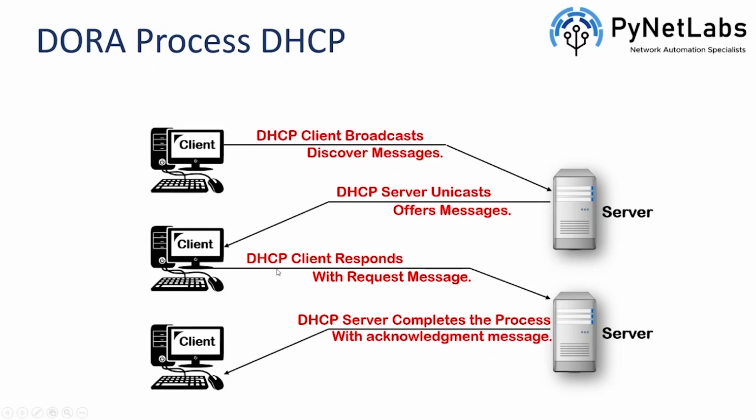Do you want this? To which the client responds with the request message. The client says, yes, I need that IP, can you give me the full details? Now the server completes the process with the acknowledgement and sends the whole details like router address, subnet mask, or the DNS address. So that's how your DHCP works.